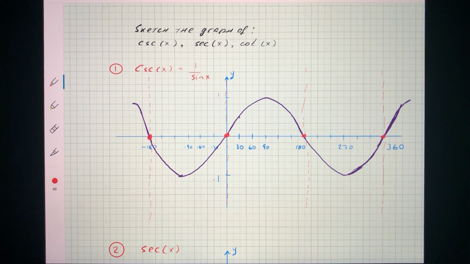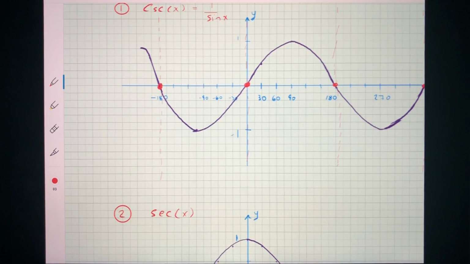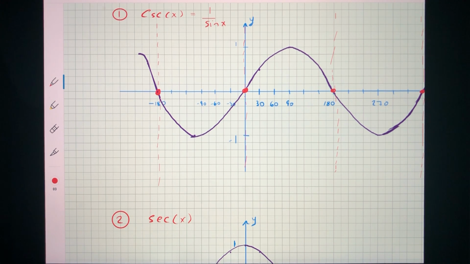And the cosecant is 1 over sine. So whenever the sine is 1, 1 divided by 1 is 1. But if the sine is less, let's say sine is half, 1 divided by half is actually 2. So the graph is going to go up and be approaching our vertical asymptotes from both sides.